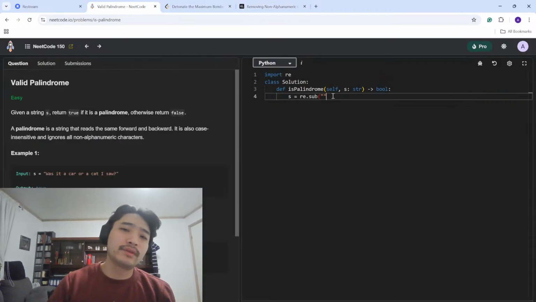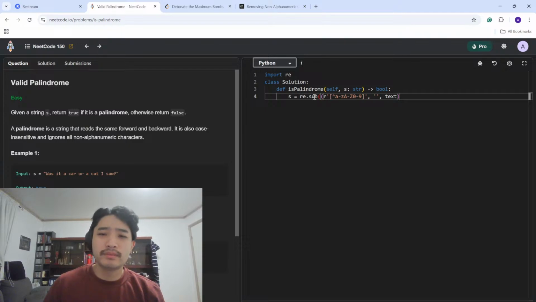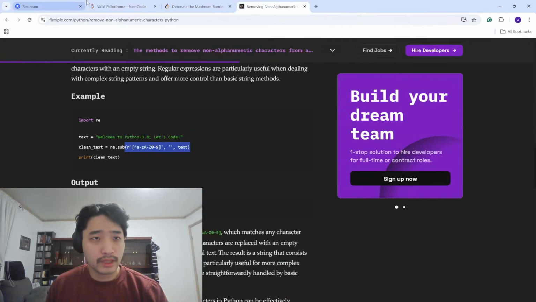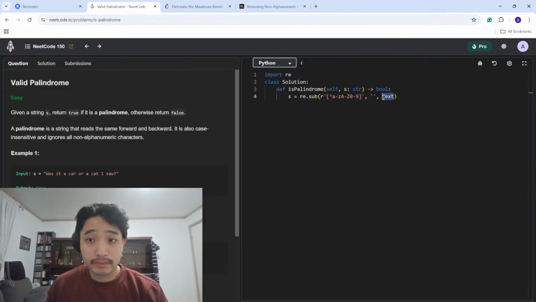Do I feel bad for doing it? Possibly, but not that much. Okay, it's R, and then I will forget this one, and it's subbing with an empty string and taking text. Yeah, okay.